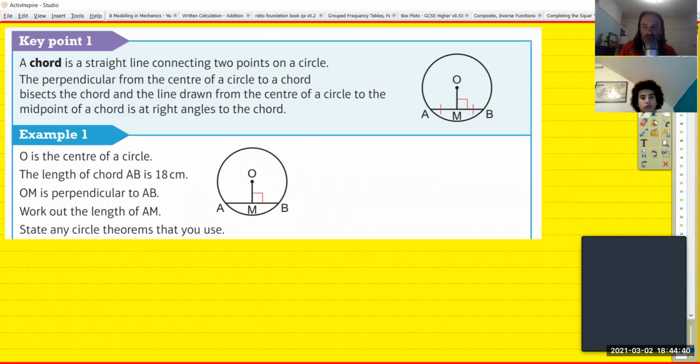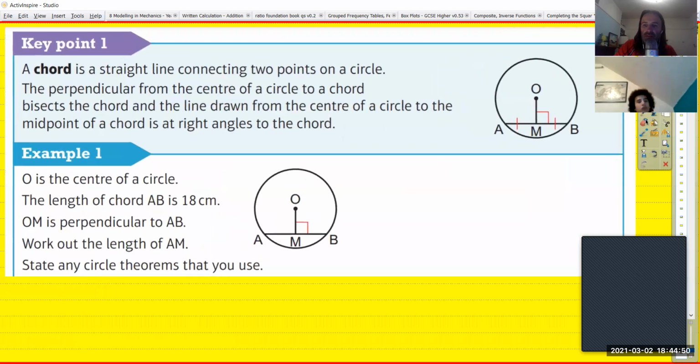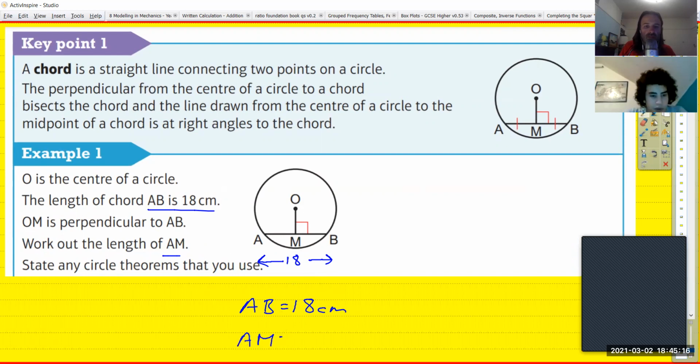Okay, how about this one? And it's simpler than it looks. Wait, so what does perpendicular mean again?